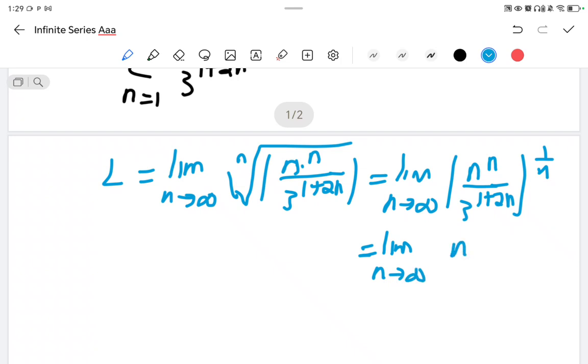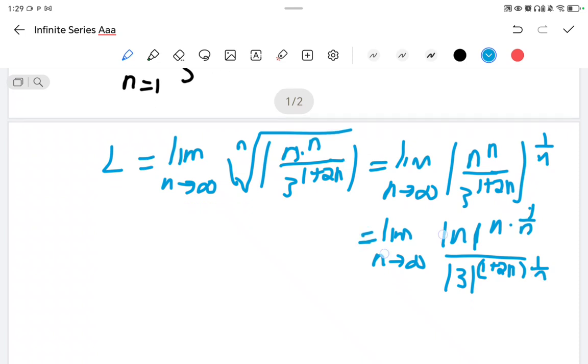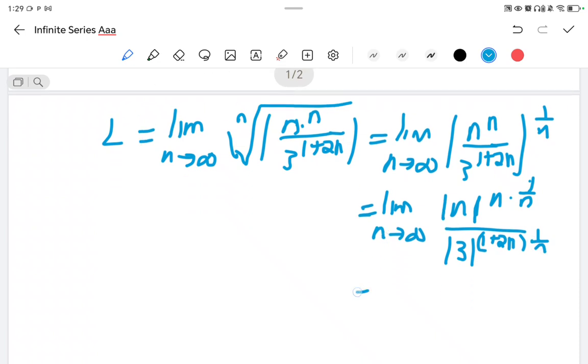I'll have n over 3 to the power 1 over n plus 2.